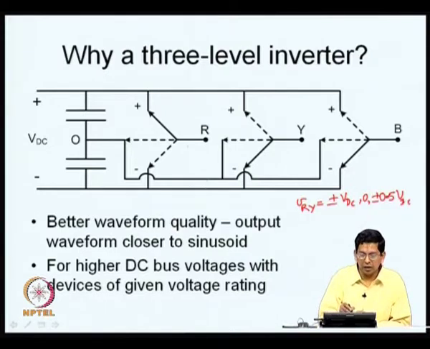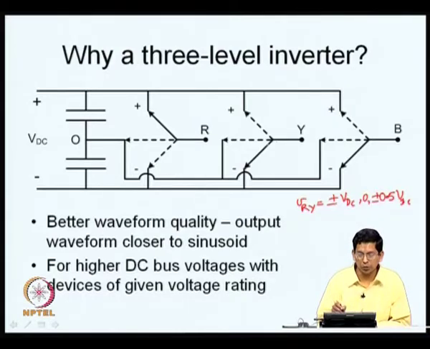Let us say R is connected to the top throw and Y is connected to the middle throw. So, what you have between R and Y is plus 0.5 VDC. Not only that, let us say R is connected to the middle throw and Y is connected to the bottom throw, once again you get plus 0.5 VDC. So, there are 2 different ways by which you can realize plus 0.5 VDC. Similarly, let us say you want to realize VRY equal to minus 0.5 VDC.